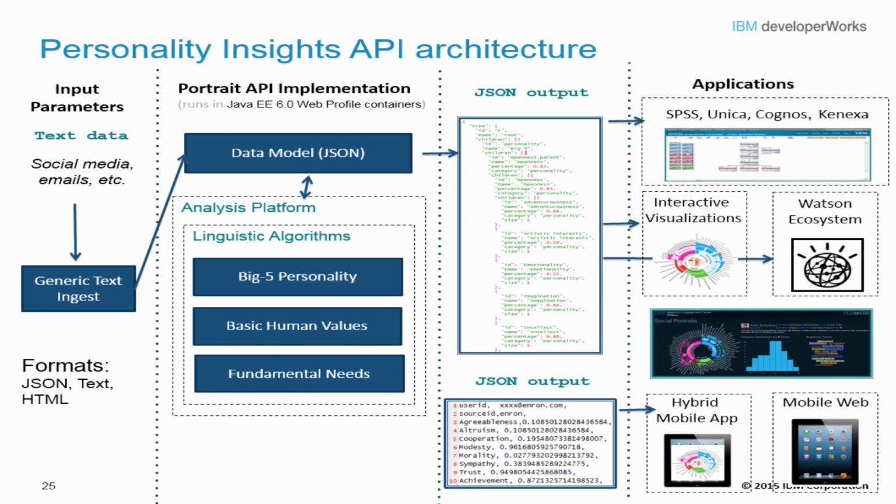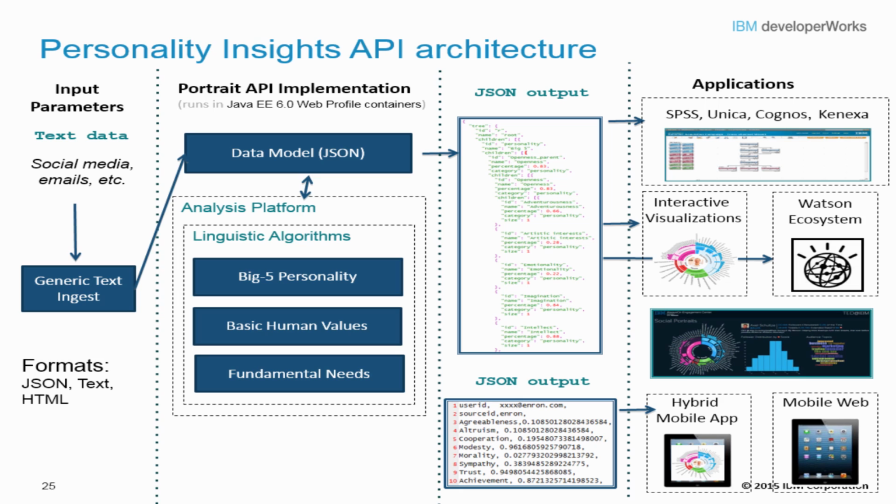Let's dive into Personality Insights service, since it is a commonly used Watson service. Personality Insights APIs can analyze data from social sites, personal communication, and enterprise data sources. You can integrate Personality Insights analytics with your application by using two REST APIs.